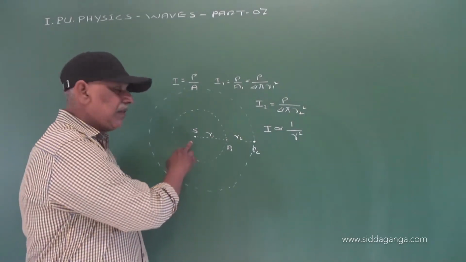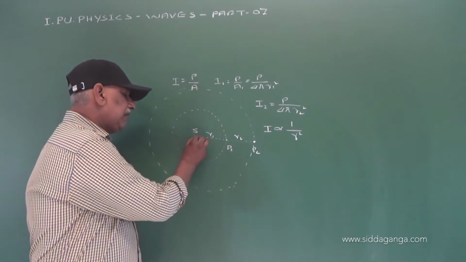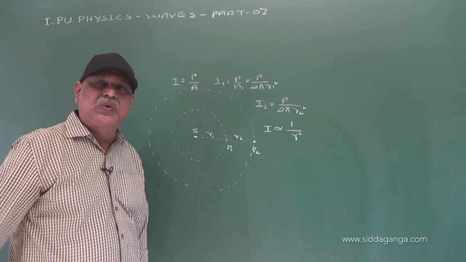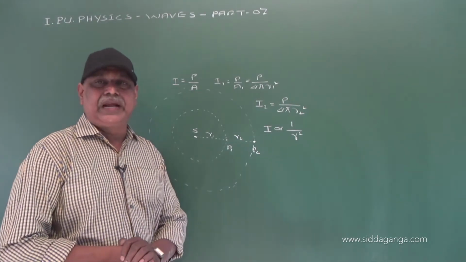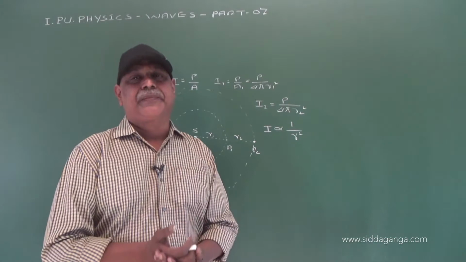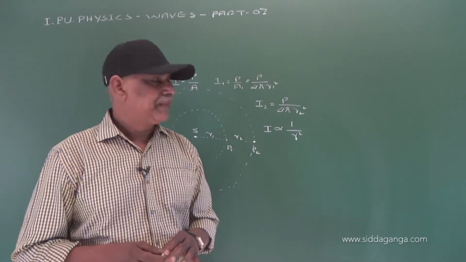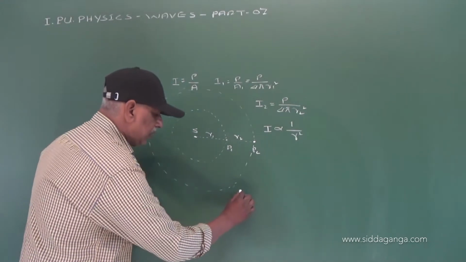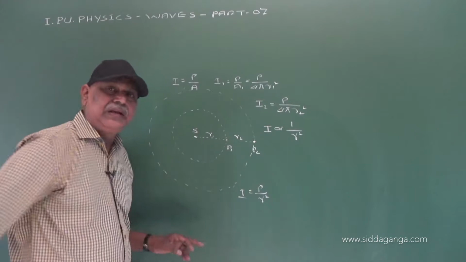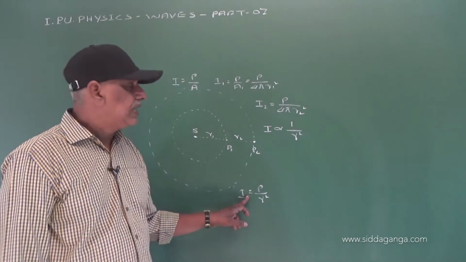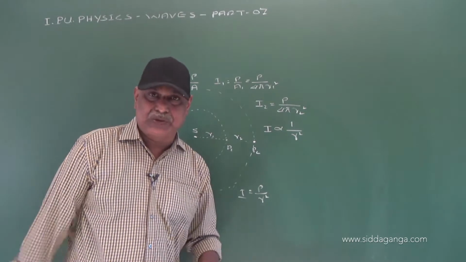This equation is used when we have a very small source, a point source, in which the energy spreads over a sphere. If the source is an extended source, then I is equal to P by R square. This is for an extended source, and the earlier one is the expression for the point source.